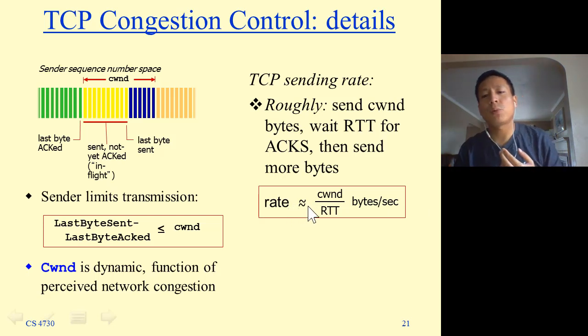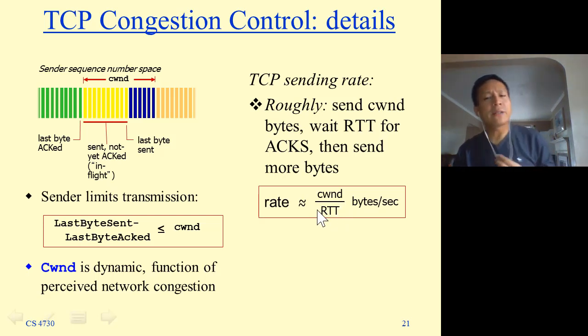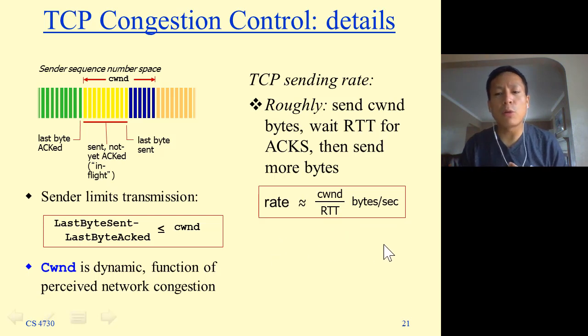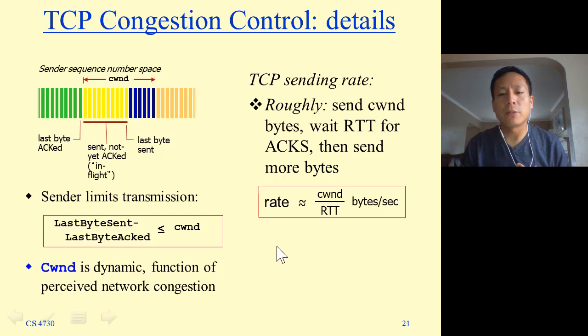So the overall rate is proportional to the congestion window size. The larger it is, the larger the sending rate is. So the rate can be approximately equal to the congestion window size divided by RTT, which is understandable, right? RTT basically is one round: you send and you receive the acknowledgement. So in one round of transmission, you send out in total this congestion window size of bytes.